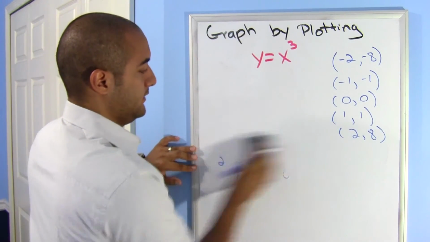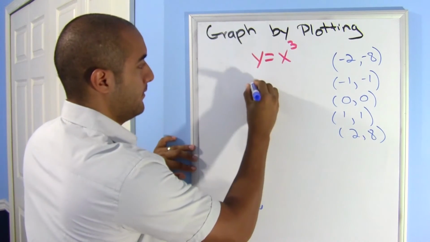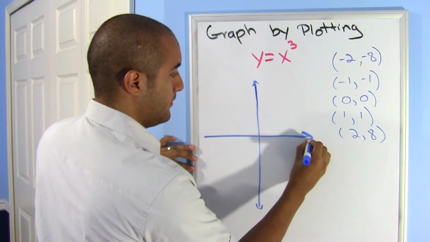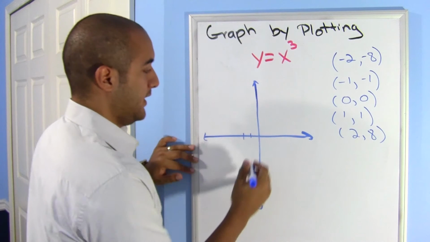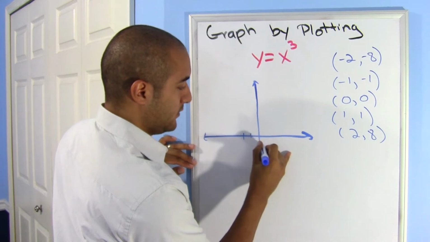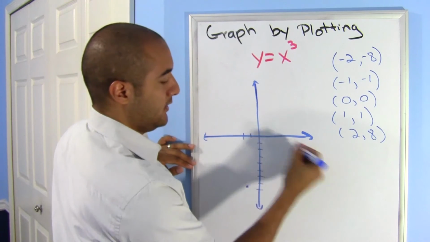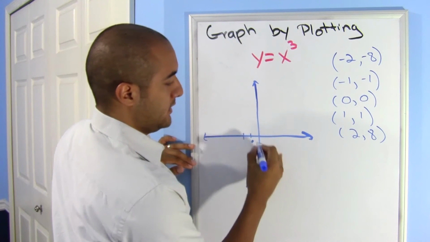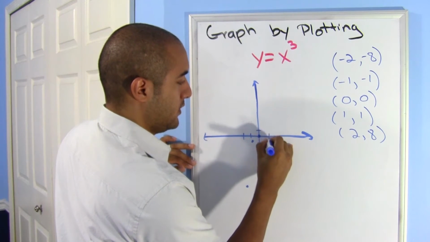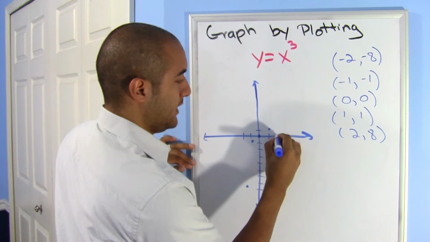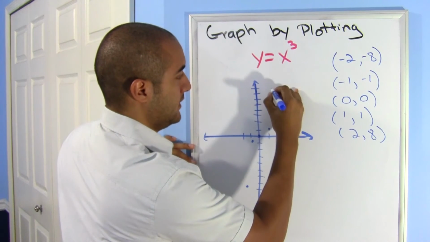Let's go ahead and make more room for the graph. This says negative 2, negative 8, so negative 2, now down 8, 1, 2, 3, 4, 5, 6, 7, 8, right around here, negative 1, negative 1, 0, 0, 1, 1, and then 2, 8, 2, 2, 3, 4, 5, 6, 7, 8, like that.